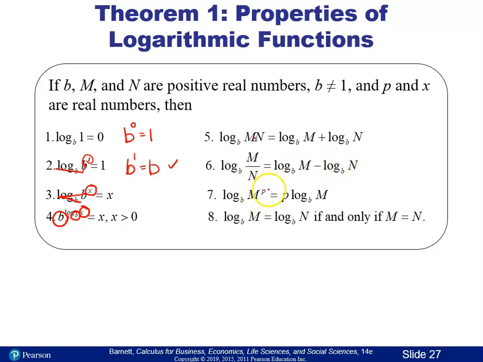If I have it raised to an exponent, then I can bring this down in front and make it easier to work with, so that exponent can come down in front. And then finally, if I have two logarithms with the same base that are equal, then that means these two arguments must be equal as well. So we're going to do a few examples using these.